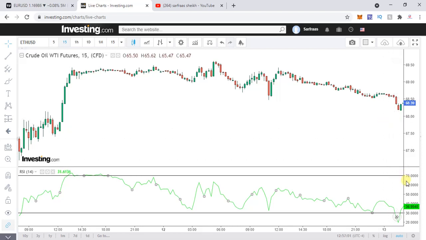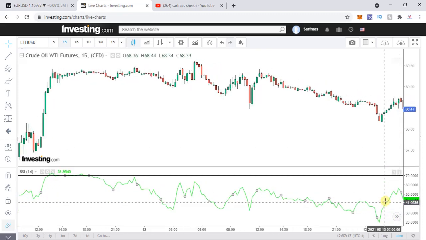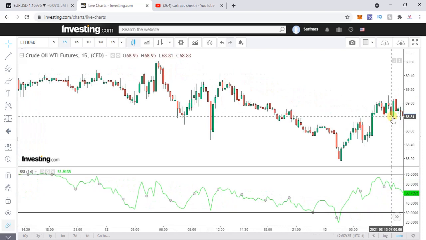So you can see RSI in the oversold zone, bullish engulfing candles over here, on this pair. So there is a very high probability now we are going to see an uptrend. Let's see what it unfolds. So there you go, the RSI has moved up, and after this bullish engulfing you can see the price has moved up and it keeps going on.